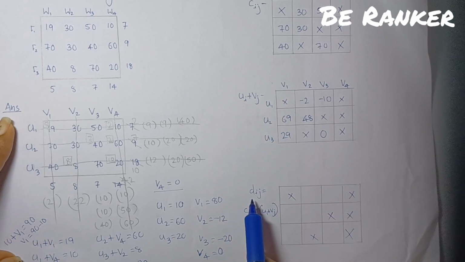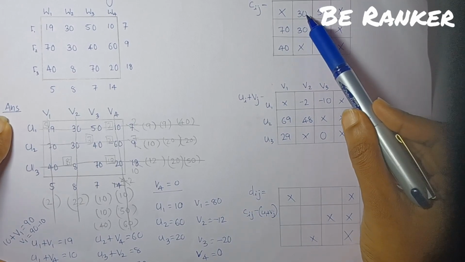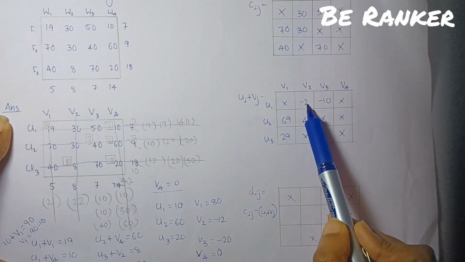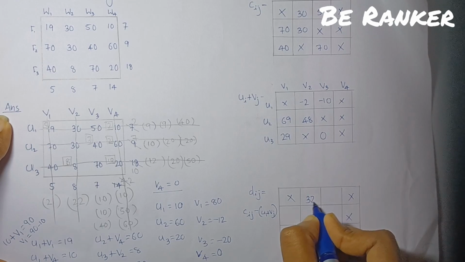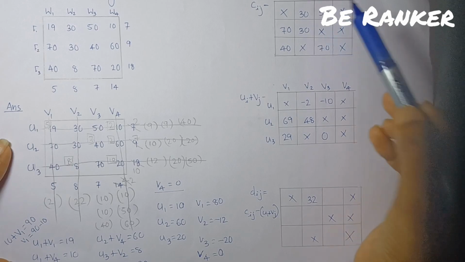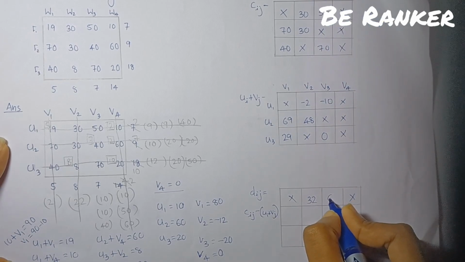Next is how we can find Dij. It is Cij minus Ui plus Vj. That means Cij, here the second cell, 30 minus minus 2. That means 30 plus 2. It is 32. Got it? And the next, 50 minus minus 10. That is 50 plus 10 is equal to 60.